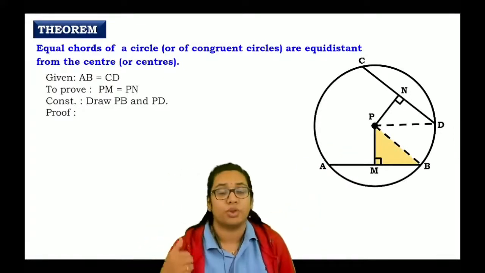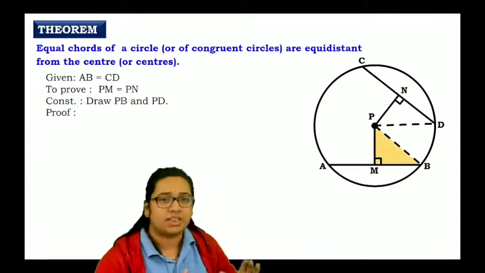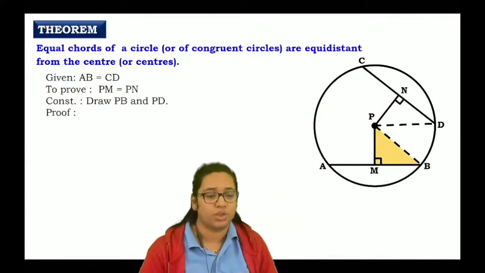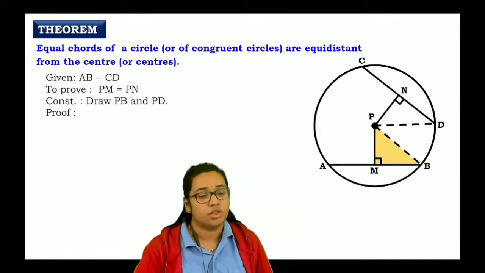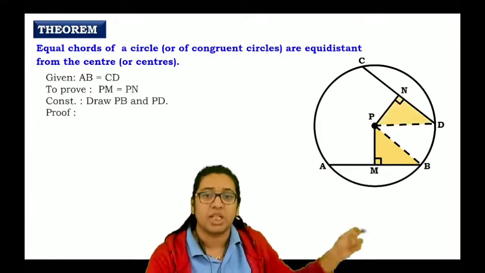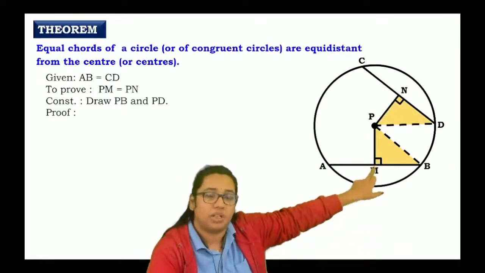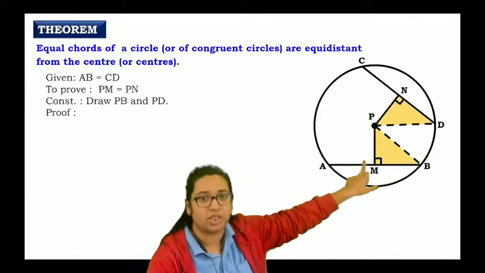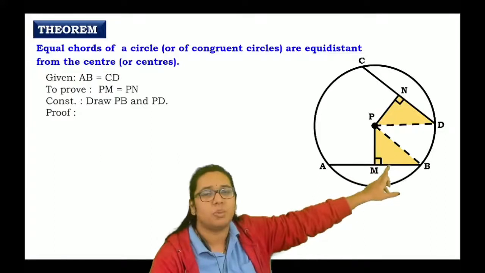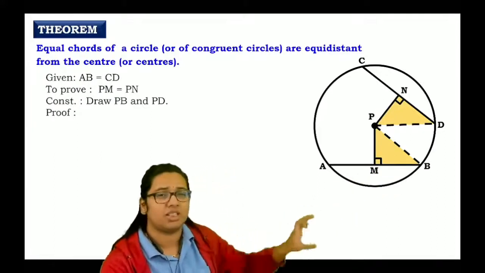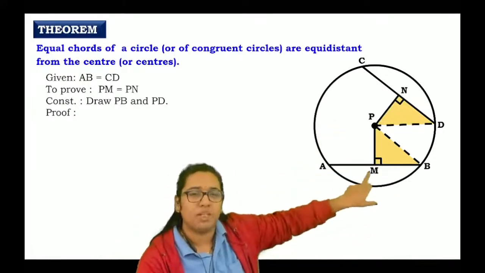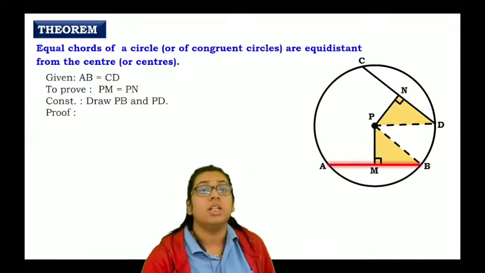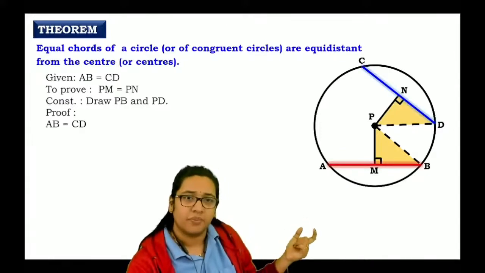For that proof, the first thing is that there are two triangles. To show that the two triangles are congruent, we just have to go through some cases. I can easily see that there is a perpendicular angle, right? Already we have proved this in our first step. As PM is perpendicular to AB, for triangle PMB, M is a 90-degree angle, and for PND, N is a 90-degree angle.